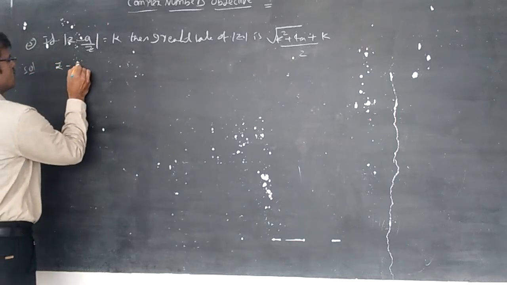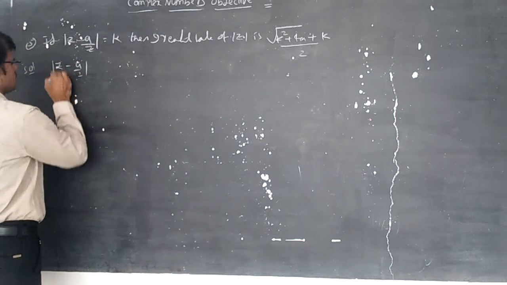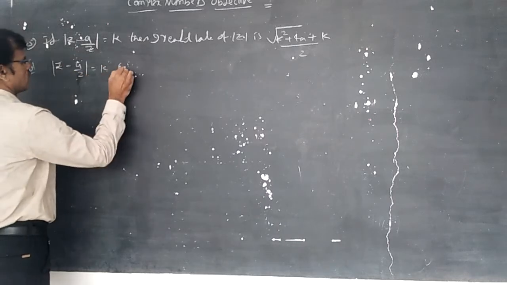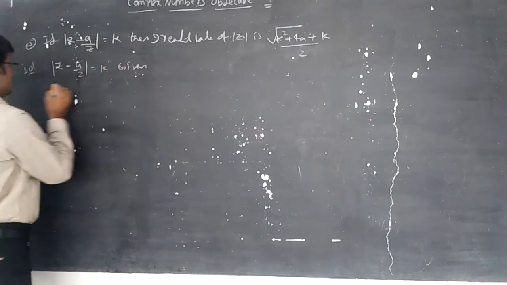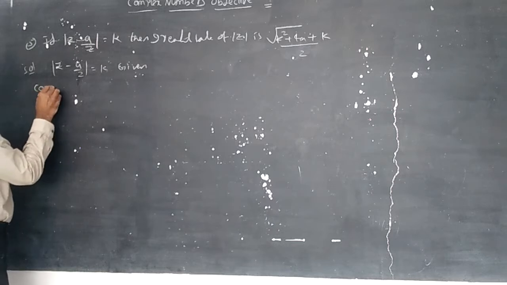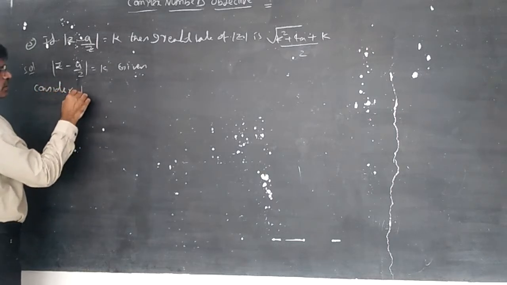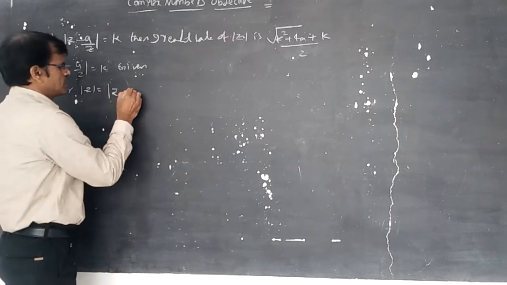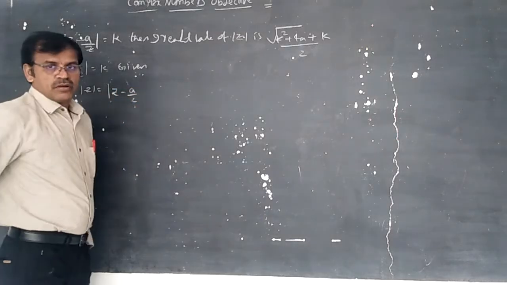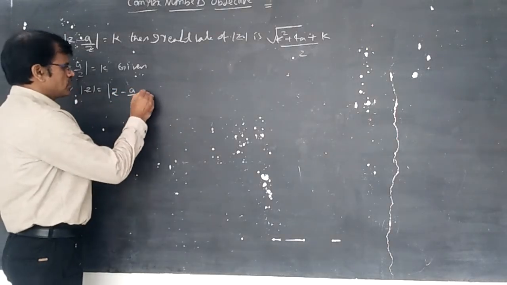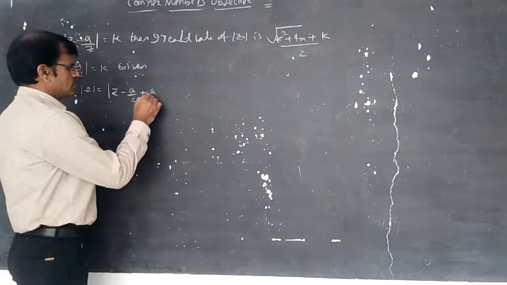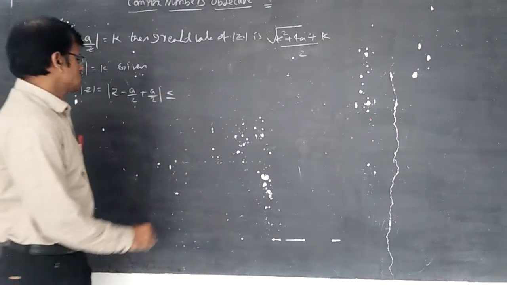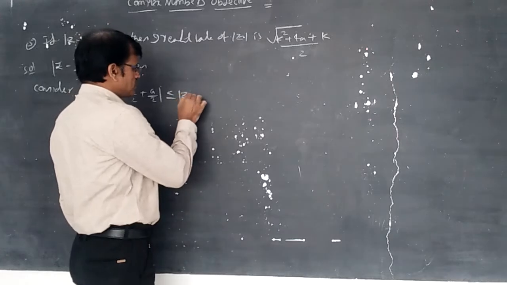Modulus of z minus a by 2 is equal to k. This is given. Consider mod z. Simply add like this: modulus of z minus a by 2 plus a by 2.